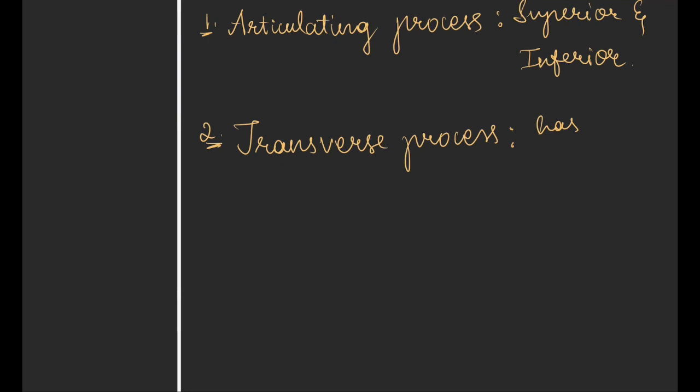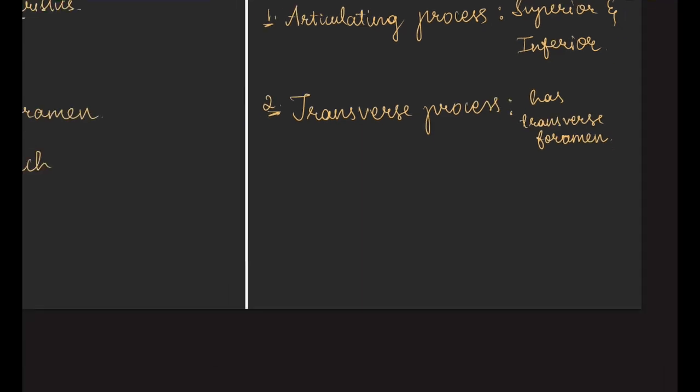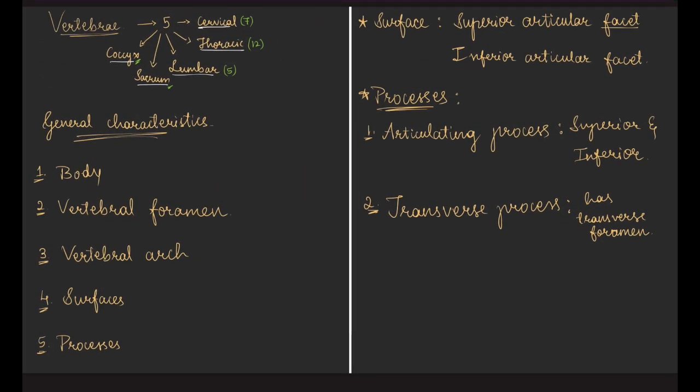It has a foramen, which is known as the transverse foramen. It even has an anterior tubercle and a posterior tubercle, which we will discuss in each and every part of thoracic, cervical, lumbar, and of course even sacrum and coccyx too.